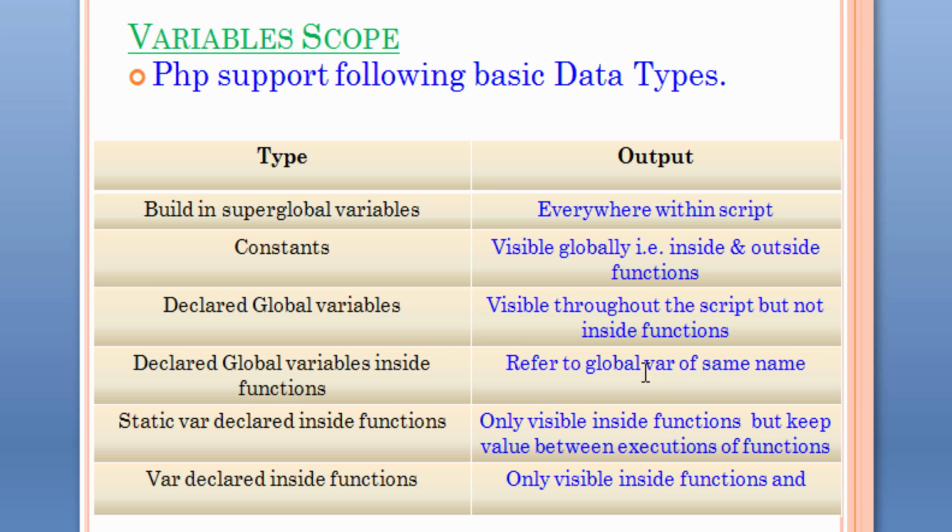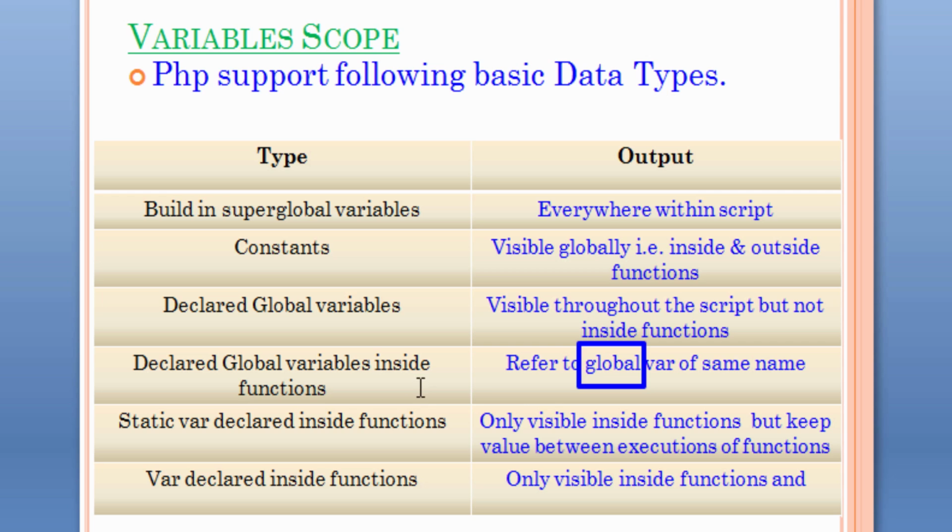These constants are visible globally, inside and outside of functions, just like super global variables. Then we have variables that are declared global. Those variables for which we first write the global keyword are accessible inside the script but not inside a function.